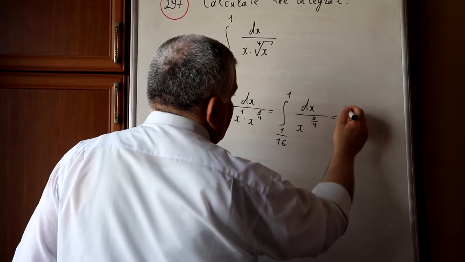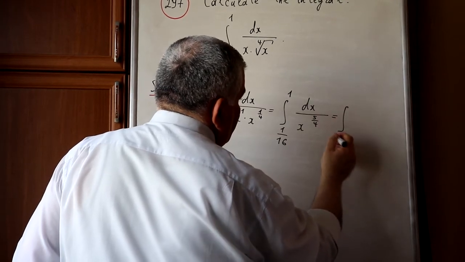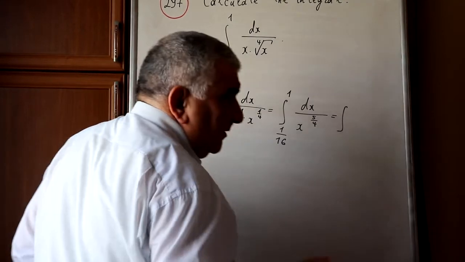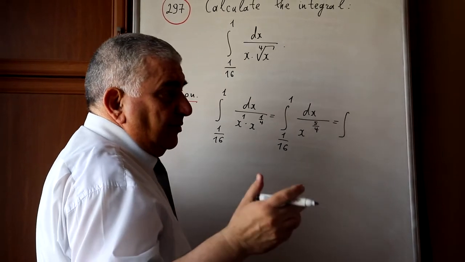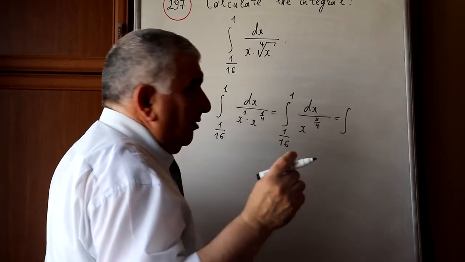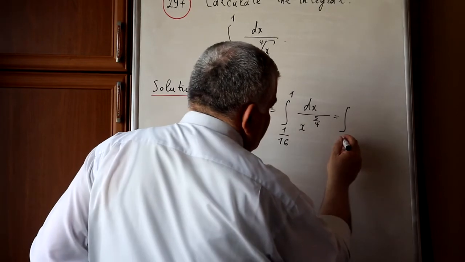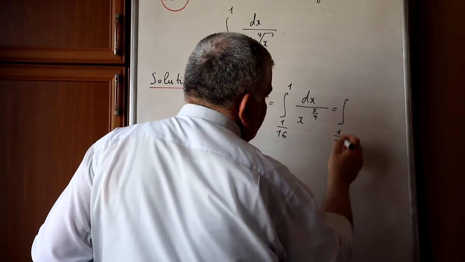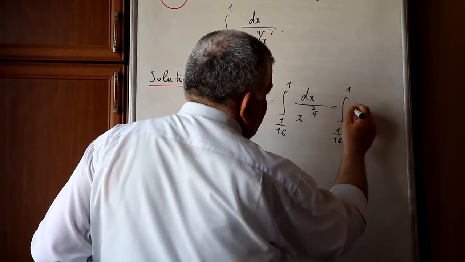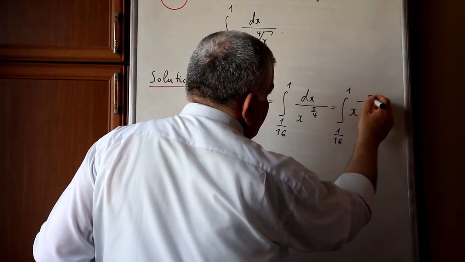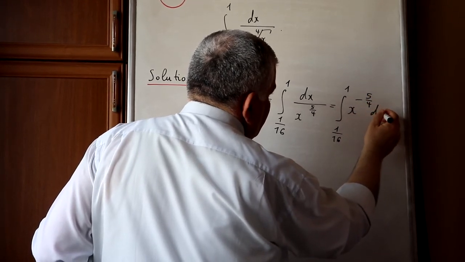Then we must write the integrand in the form of the standard power function: the integral from 1/16 to 1 of x to minus 5/4 dx equals.